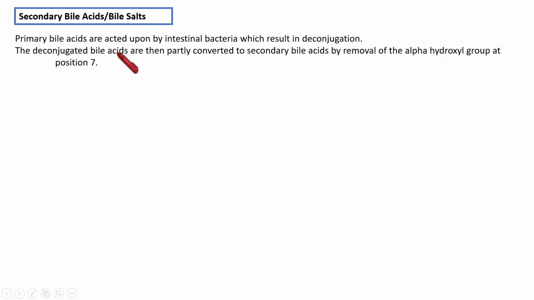We have learned that at the seventh position there is a hydroxyl group. That hydroxyl group is removed, and after removing it, the primary bile acid becomes a secondary bile acid or secondary bile salt.